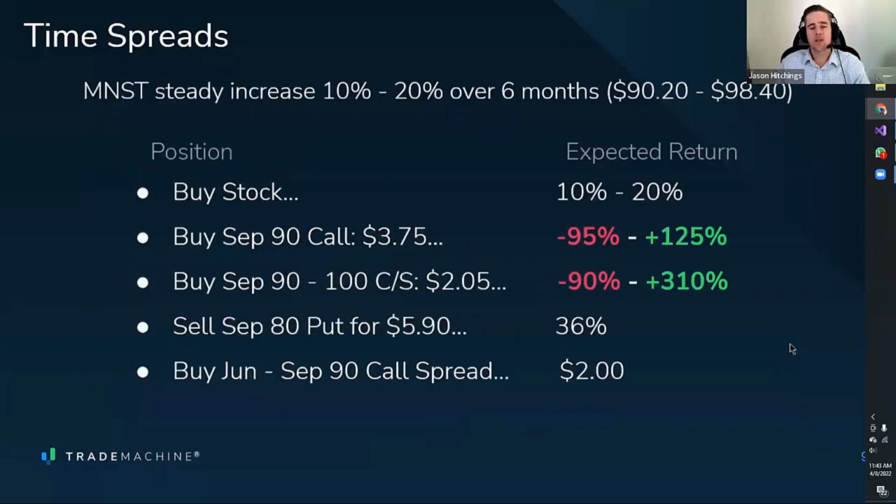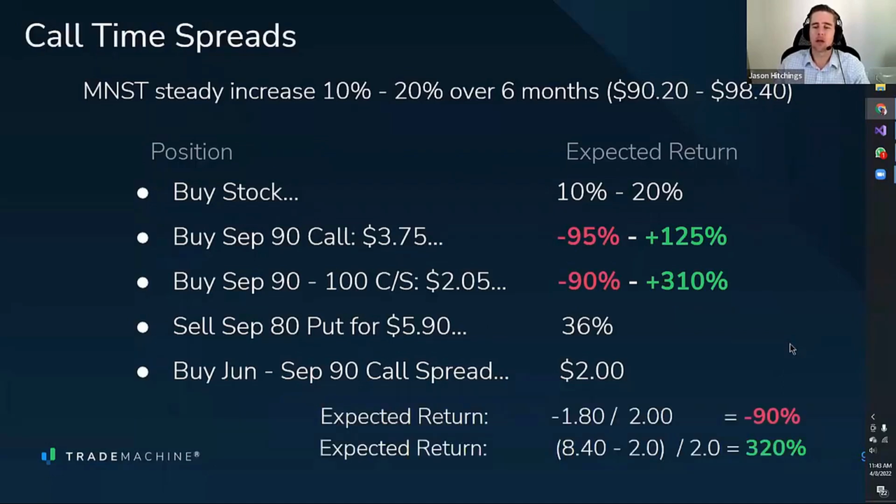So now we own this June-September 90 call spread. It's a time spread between June and September for the 90 call. What does our P&L look like over time? Well, if we're right and the June 90 call expires worthless, then we've brought the total cost of our position down to $2. At that point, the actual value left will be just what the September 90 call is worth.